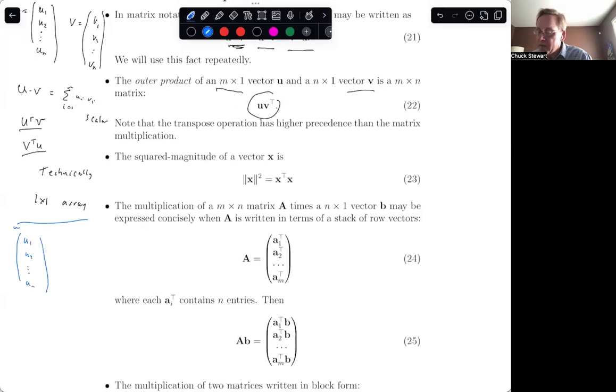That's U. V transpose is V1, V2, Vn. And if you work through just the numerics, you have U1, which is the only component in the row, multiplied by V1, multiplied by V2, multiplied all the way through Vn. So this is U1V1, U1V2, all the way up to U1Vn.